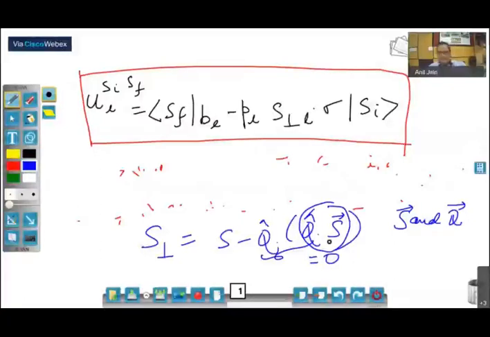So when your moment is aligned along the Q, you will not get any magnetic scattering.